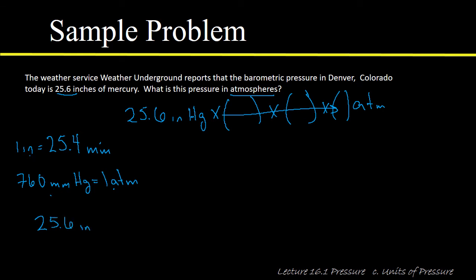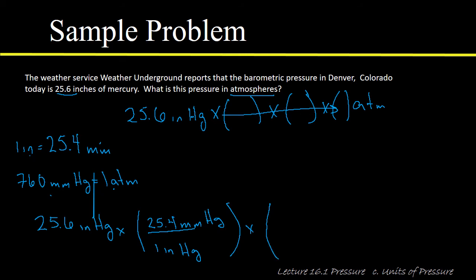Okay. So let's start with what we've got: 25.6 inches of mercury, and then we'll use that first conversion factor. We want inches of mercury to cancel out, so let's write 1 inch of mercury is equal to 25.4 millimeters of mercury. And then let's do a second conversion to get to atmospheres.